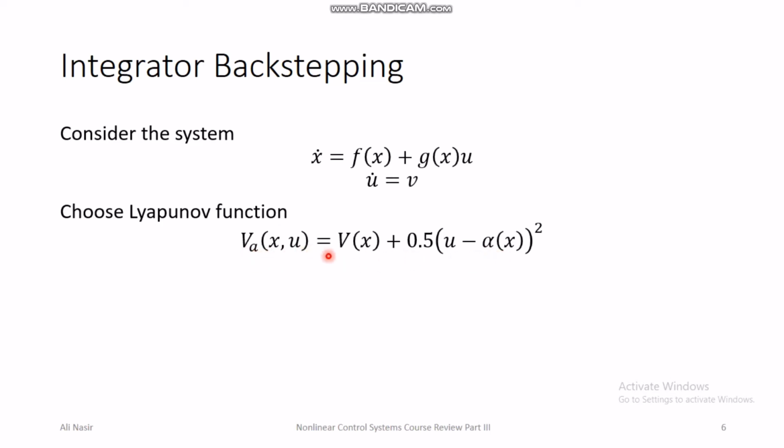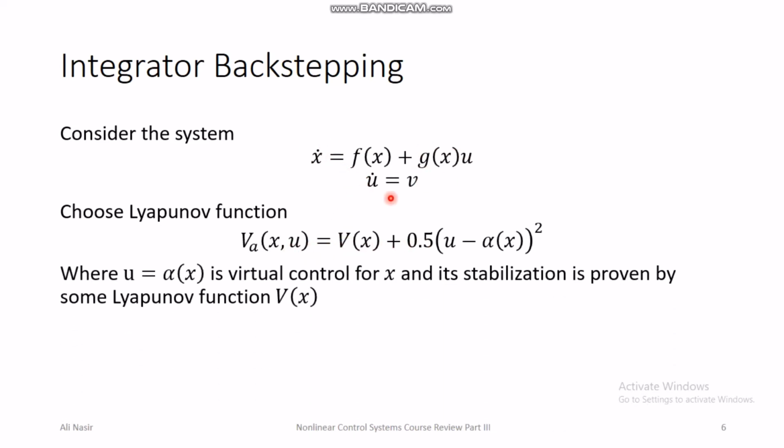If you define a virtual control u equal to some function alpha of x, which asymptotically stabilizes this part of the system, then 0.5 into u minus alpha x square plus the Lyapunov function, which proves the stability of this system with u equal to alpha x, will always be the Lyapunov function for the whole system.